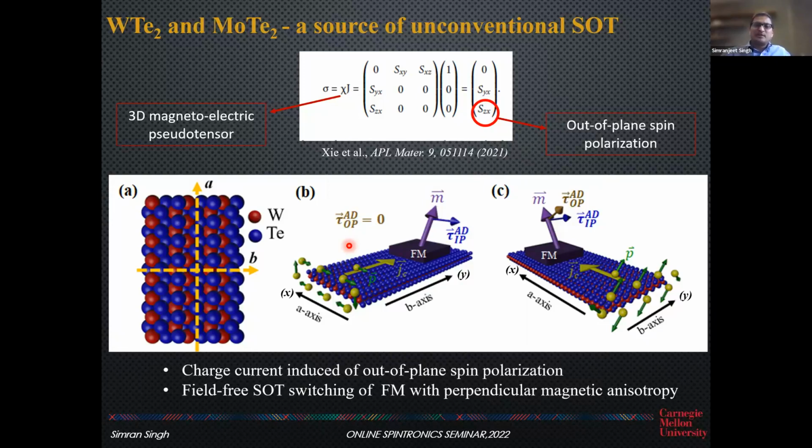people have analyzed the spin polarization matrix under mirror operation. So if you apply a charge current to a crystal structure, then this generated spin polarization, sigma, is the product of this 3D magnetoelectric pseudotensor and the charge current.